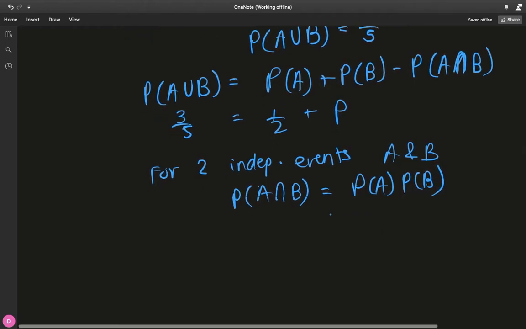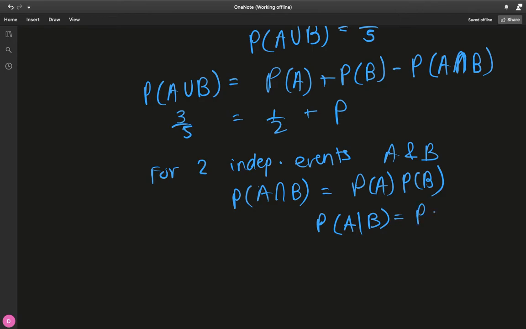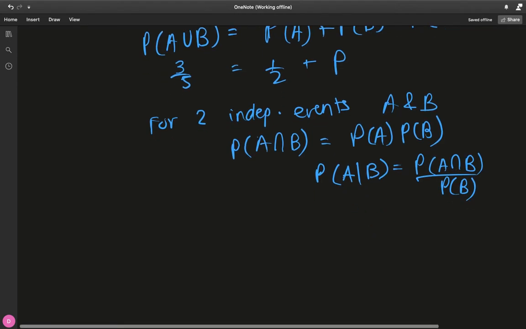This we obtain by the logic of conditional probability, which says the probability of A such that B has occurred is equal to probability of A intersection B over probability of B. Now, if A and B are independent events, probability of A such that B has occurred will simply be probability of A, because A is not affected by whatever B turns out to be.